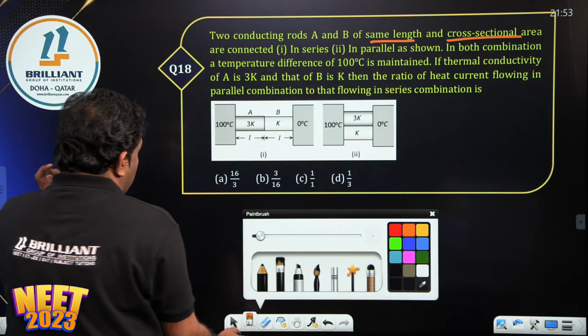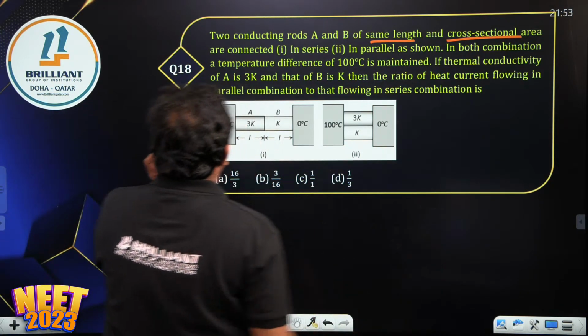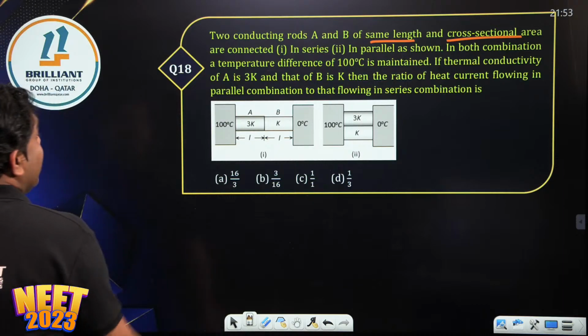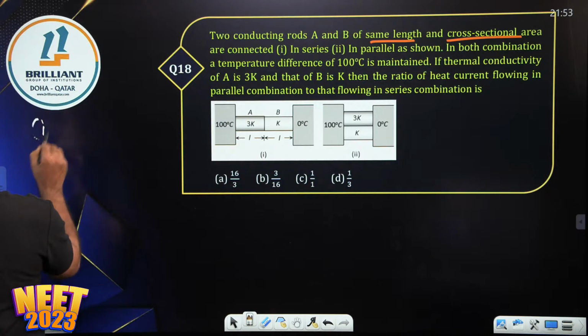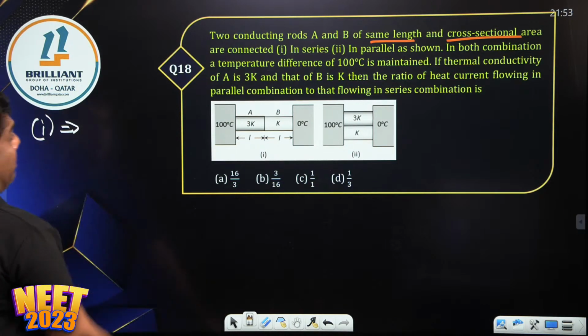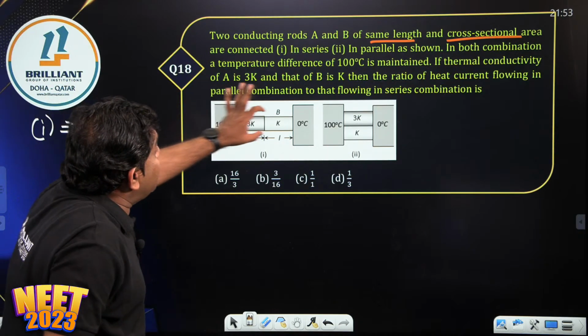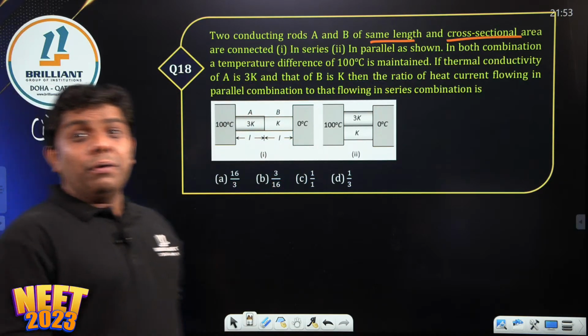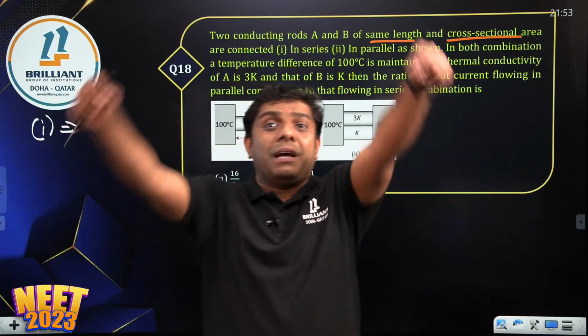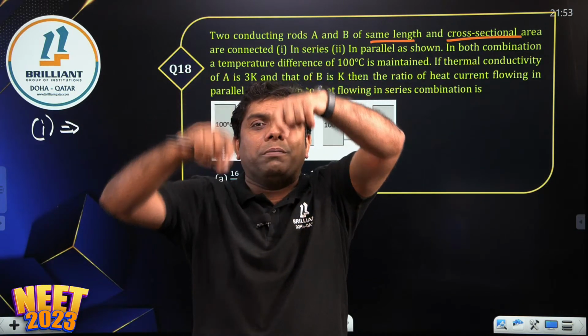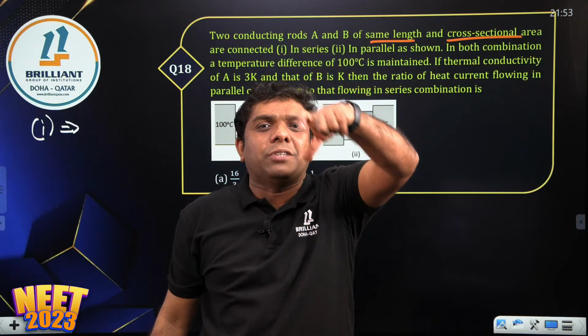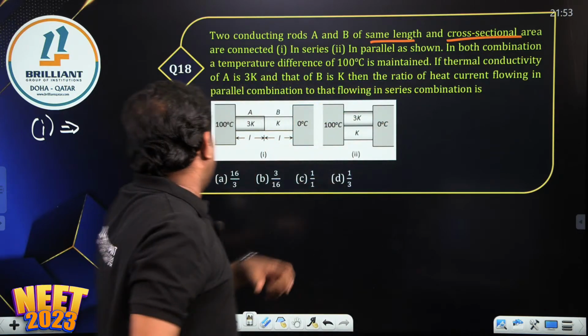It's a trendy question that we are explaining now. Please look at the first diagram: the rods are connected in series. In series, the equivalent thermal conductivity formula is 2K1K2 divided by K1 plus K2.